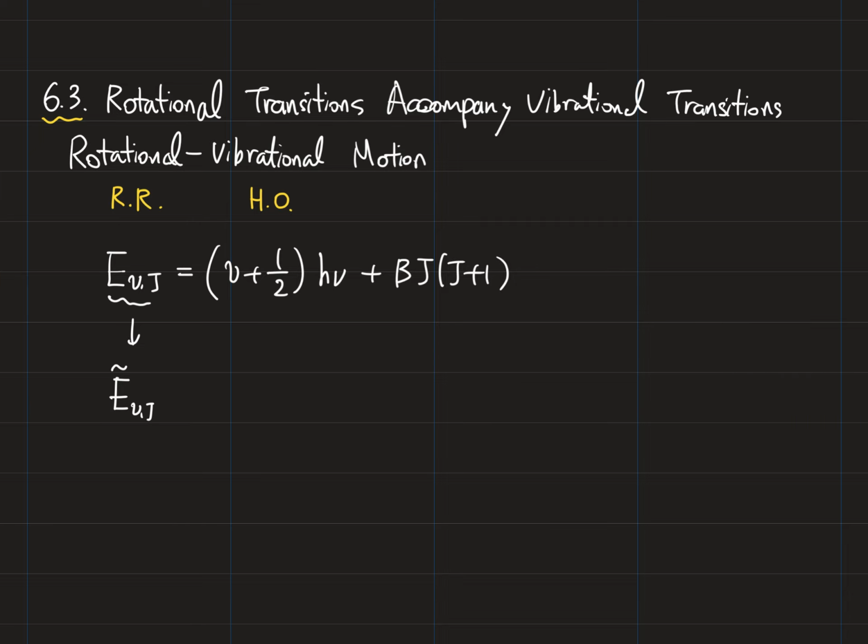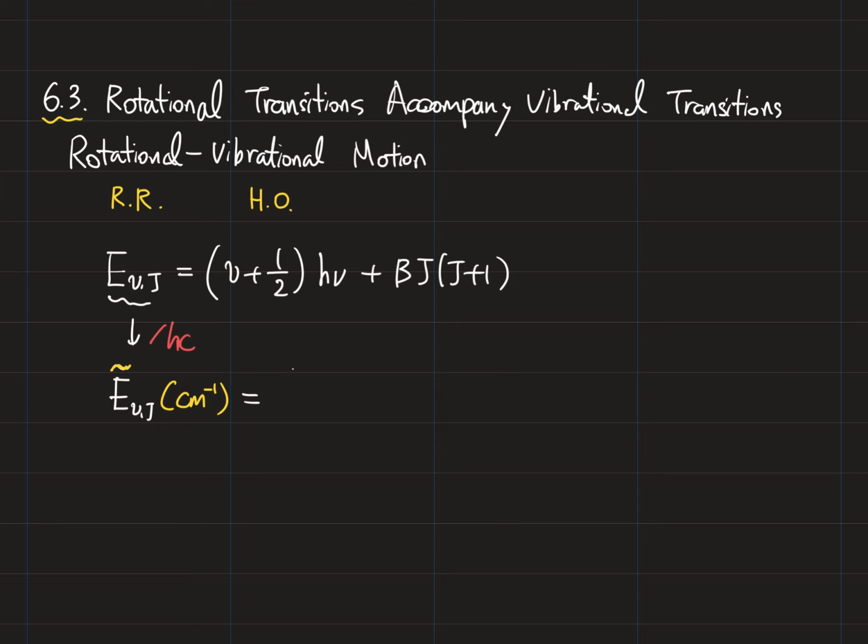So we put a tilde here to explicitly show that this is given in terms of the wave number unit. All you have to do is just divide by hc to convert the energy to the wave number unit.